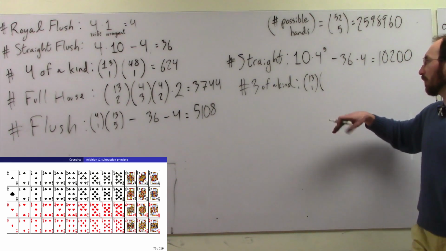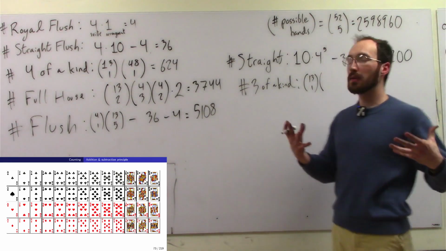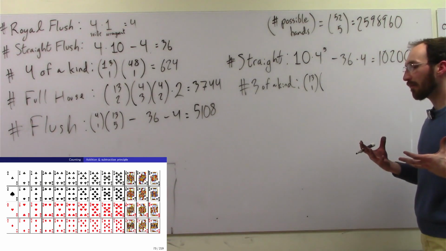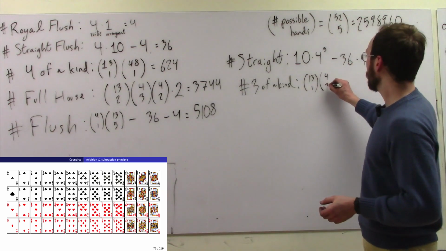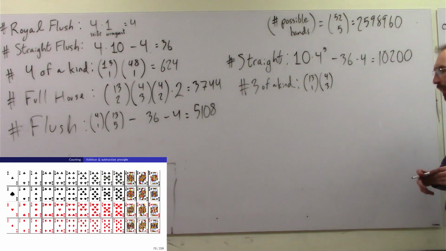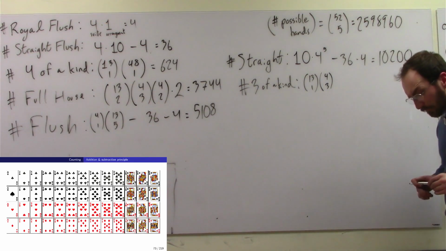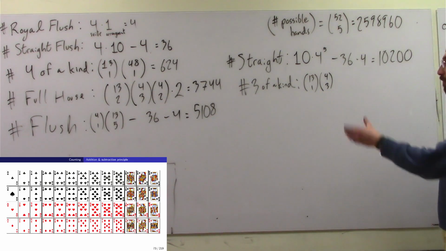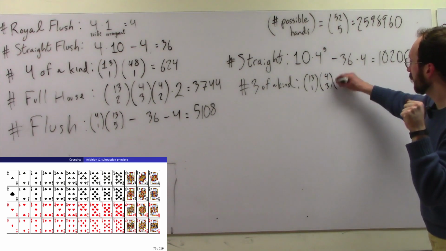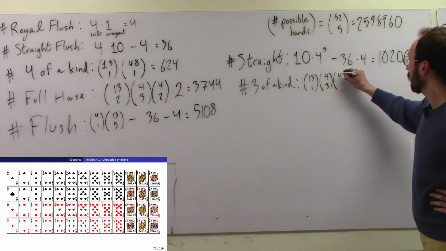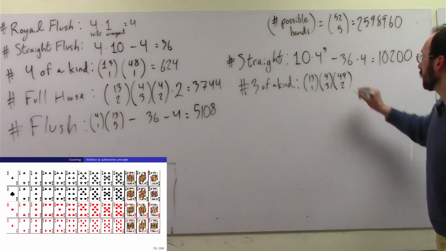And then there's 4 cards of every rank, and we're going to choose 3 of them. And after we've done so, we've picked 3 cards from our deck. So we're left with 49, and we just choose the last 2.